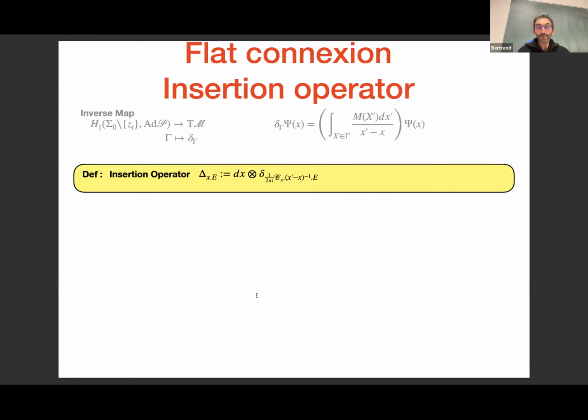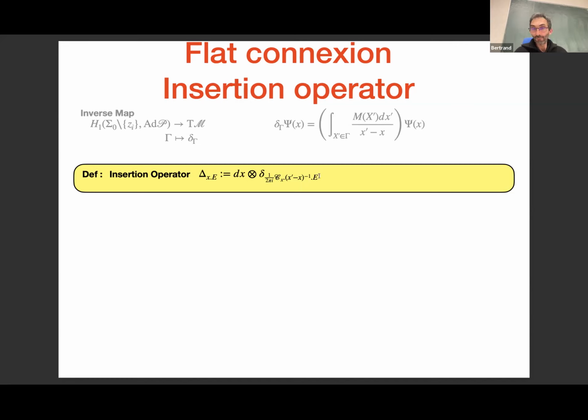So let me consider a very specific type of generalized cycle. Let me choose an x in the base, in CP1, and an e in the fiber, in the algebra, and let's take a small circle around x, multiplied by a simple pole, and divided by 2 pi i, and weighted by this e.